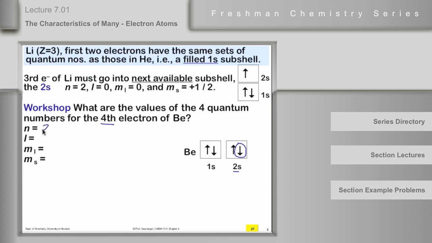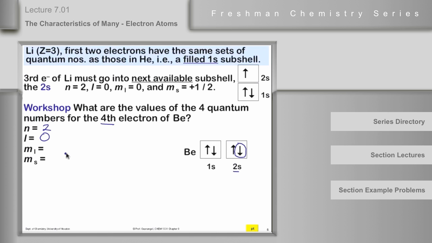So n is equal to 2. What about L? What's L? It's 0 because this is an S subshell. And we learned last time that for S orbitals and subshells, L is equal to 0. So we'll put a 0 in there.